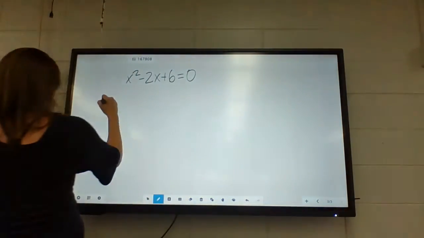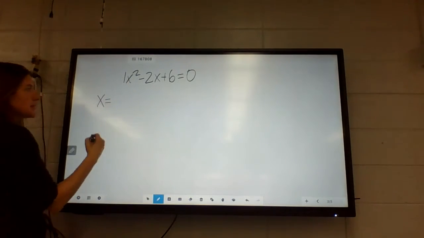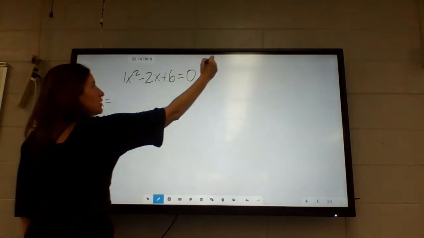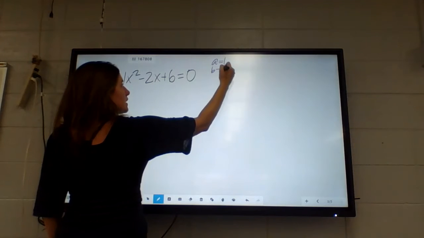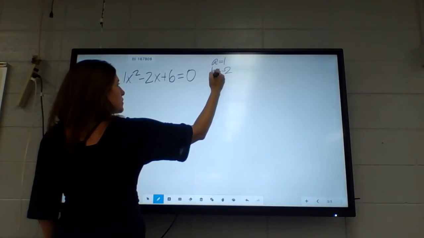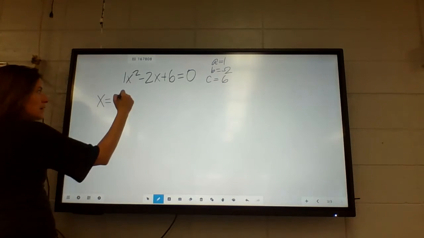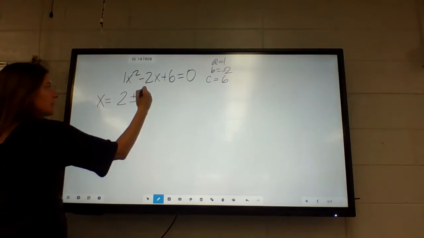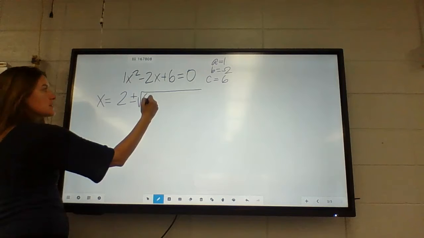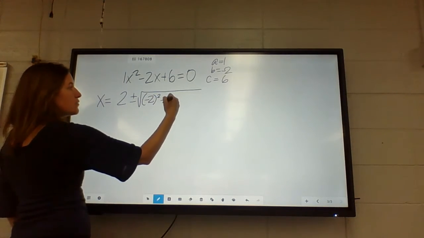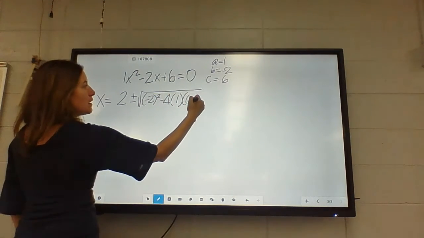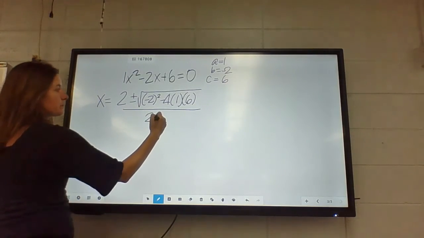So, quadratic formula. We use the opposite of b, so a is 1, b is negative 2, and c is 6. So opposite of b is 2 plus or minus the square root of b squared minus 4ac all over 2 times a.